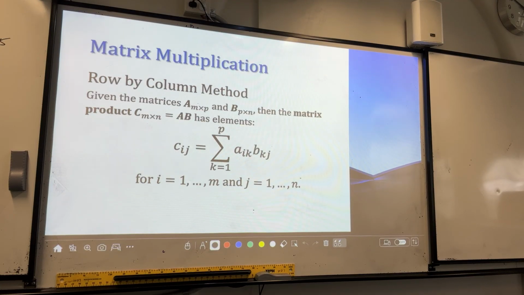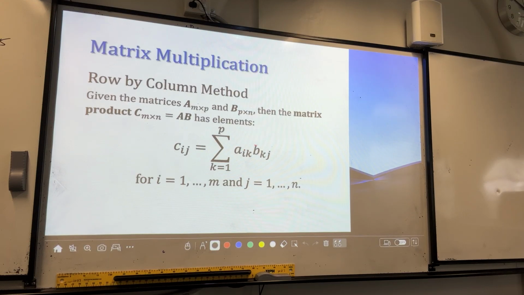All right? I will show you what to do step by step. It may be a little bit complicated. Looking at this, it's basically an element in A, first row, first column, times B, first row, first column. Sorry, first row and first column.